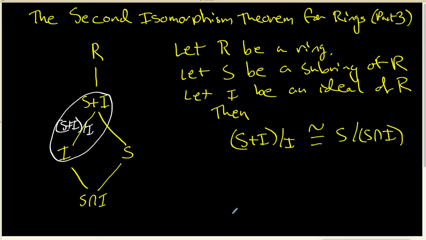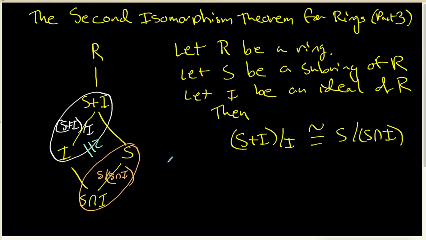And we have also shown that since S intersect I is an ideal inside S, the quotient structure for this side of my diamond is also a full-fledged quotient ring. And the goal inside the second isomorphism theorem is to show that those two quotient rings are isomorphic.